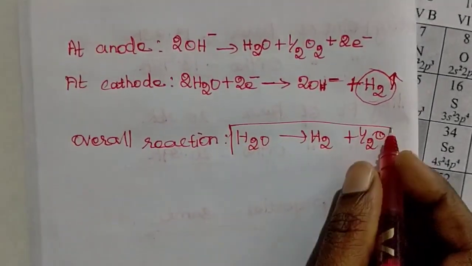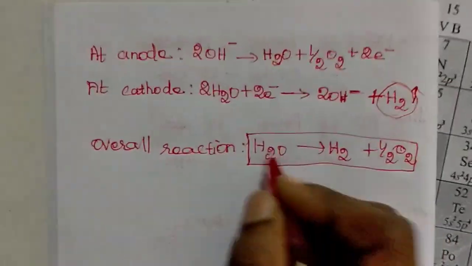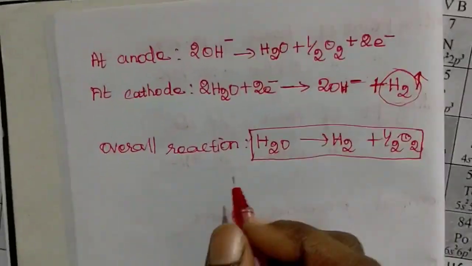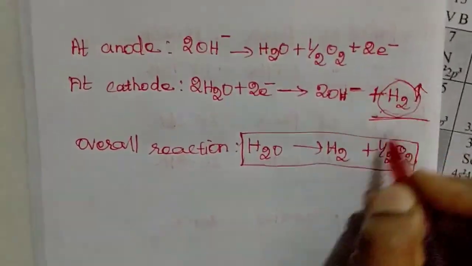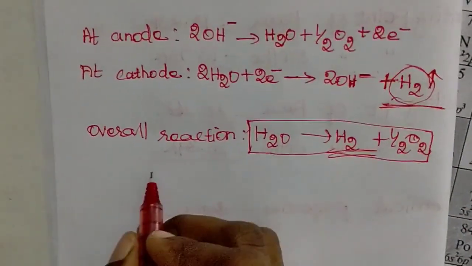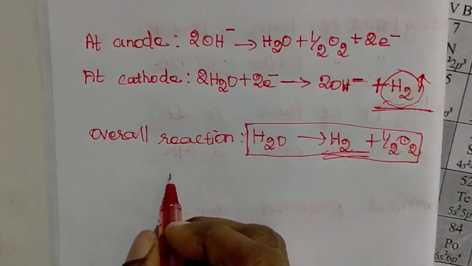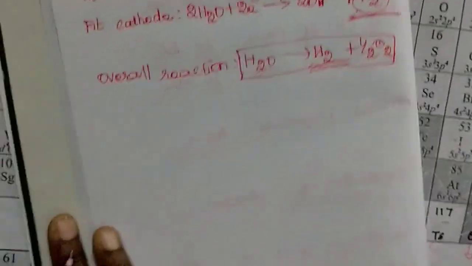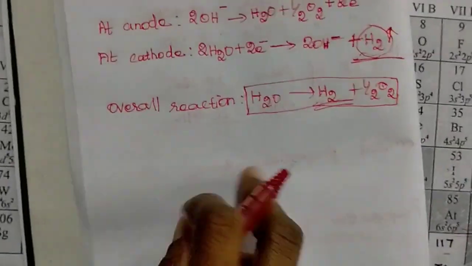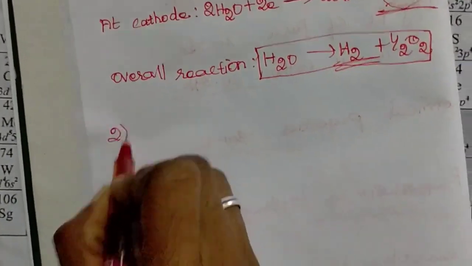By the electrolysis of water process, we separate out the highest pure hydrogen, 99.9% pure hydrogen. And the next method is preparing hydrogen in the laboratory.